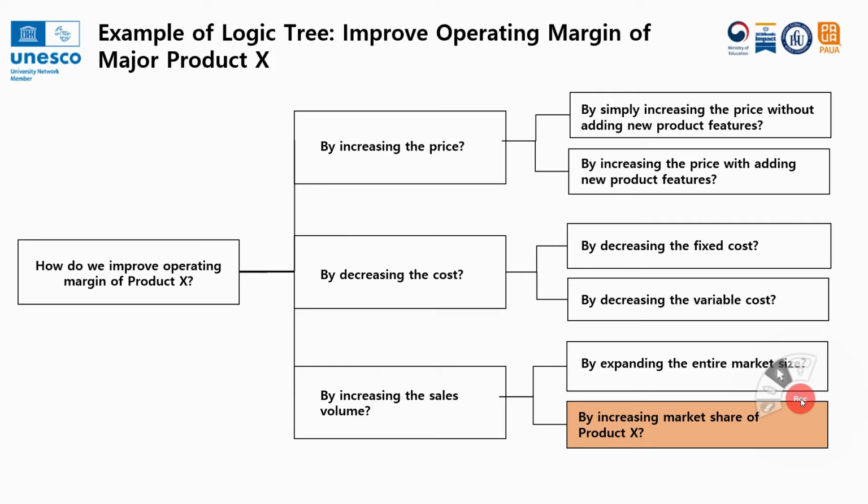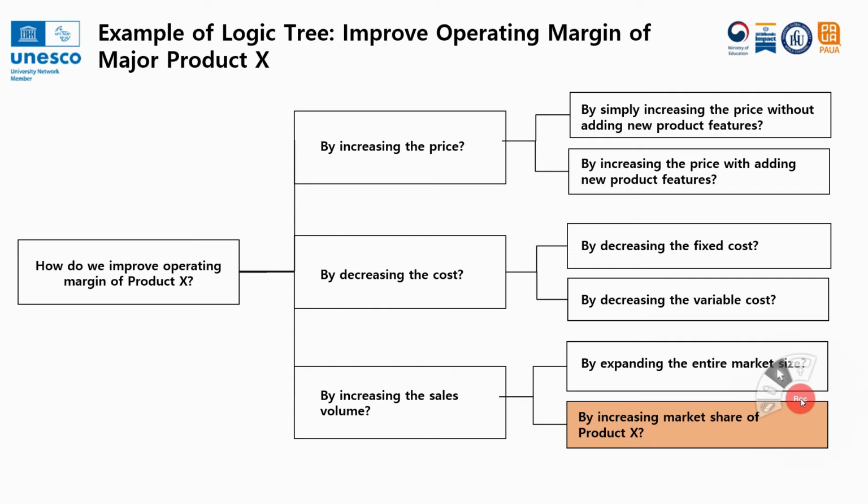So in order to improve the operating margin of product X, we will think about decreasing the cost, and in looking at the possible ways of decreasing the cost, we will have a look at 1, the fixed cost areas, 2, the variable cost areas.